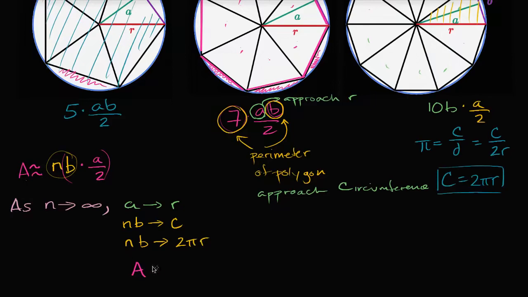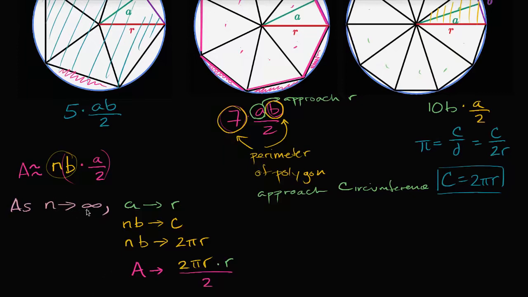Well, the area of our polygon is going to approach, n b is going to approach 2 pi r. So instead of n b, I'm writing 2 pi r there. a is going to approach r, and then I am dividing it by 2.